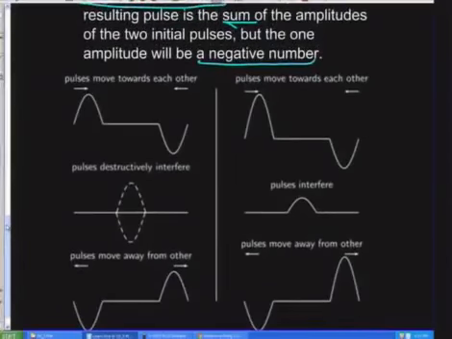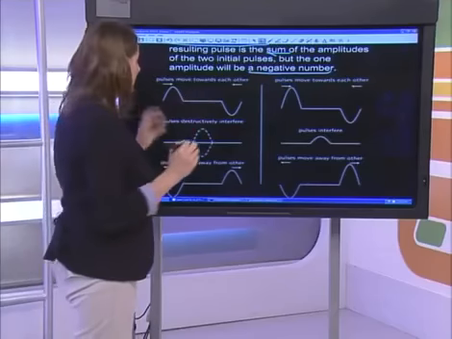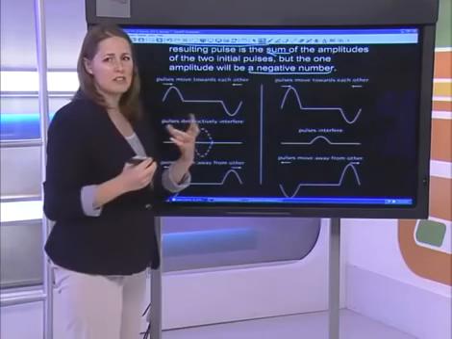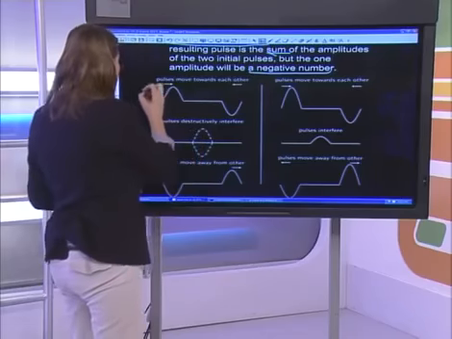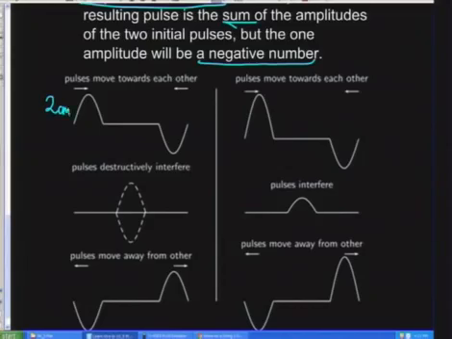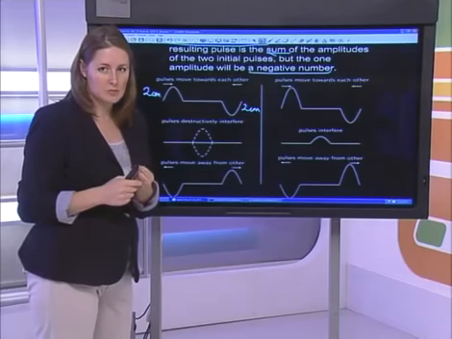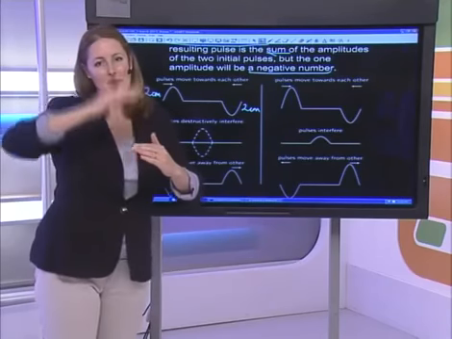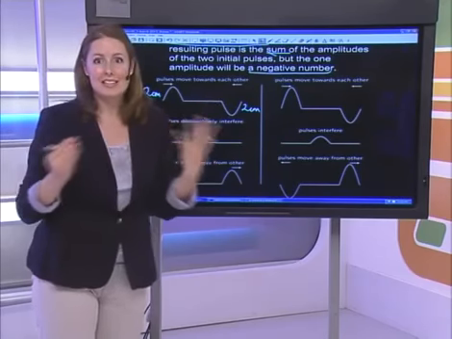If you imagine two pulses coming towards each other, and I'm just going to give these some values. I'm saying that pulse is 2 centimeters up, and that pulse is 2 centimeters going down. When they come together, what is the result going to be? Well, 2 centimeters up and 2 centimeters down will cancel each other out.